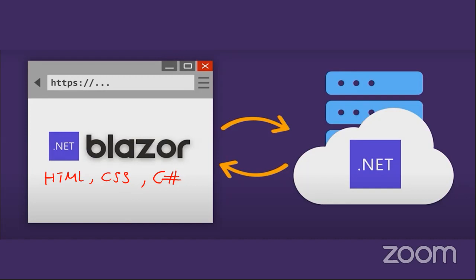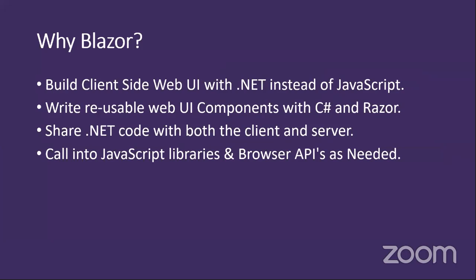I hope many of the points are clear. What are those points I told you? Blazor is good for building client-side web UI with .NET instead of using JavaScript. I mean, .NET means utilizing all the libraries of .NET with the language C#, to build very effective interactive client-side web user interfaces.